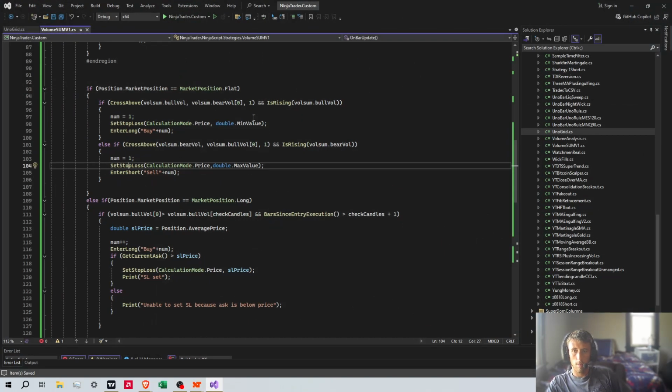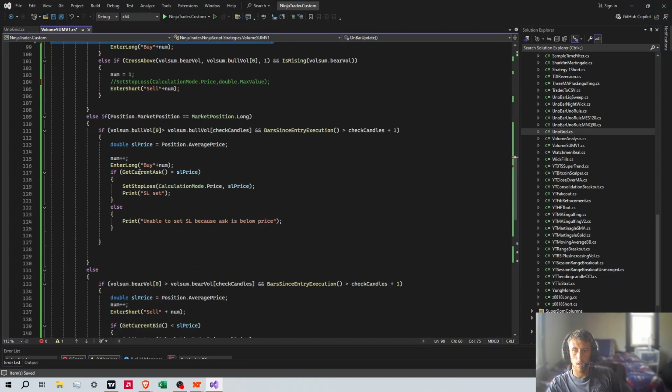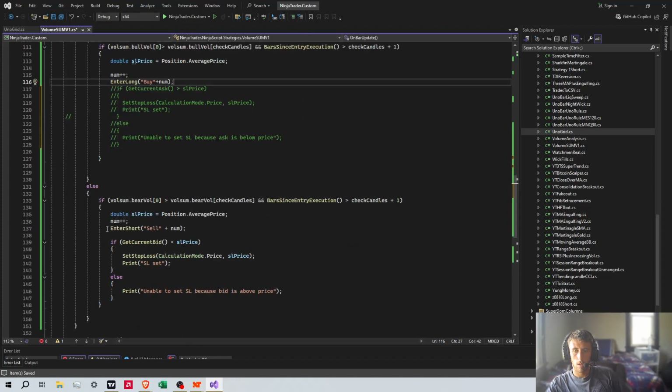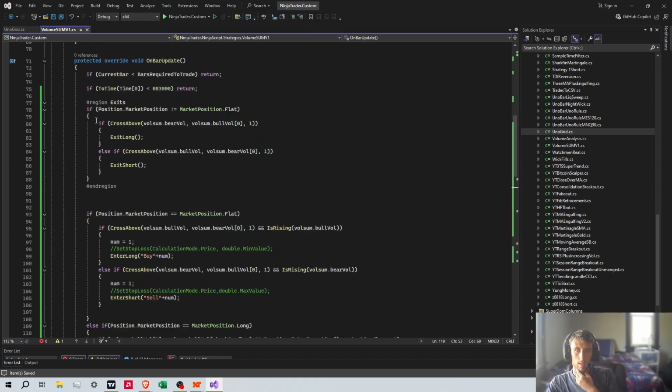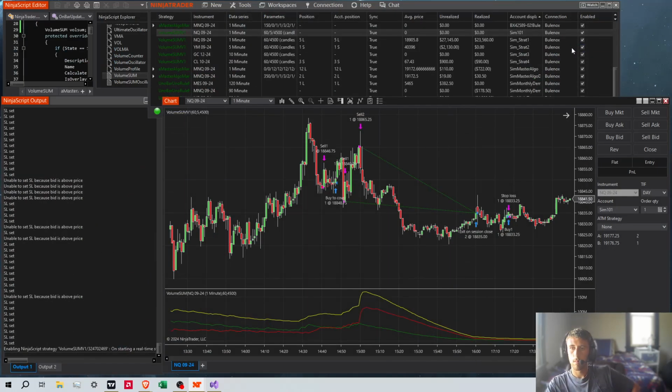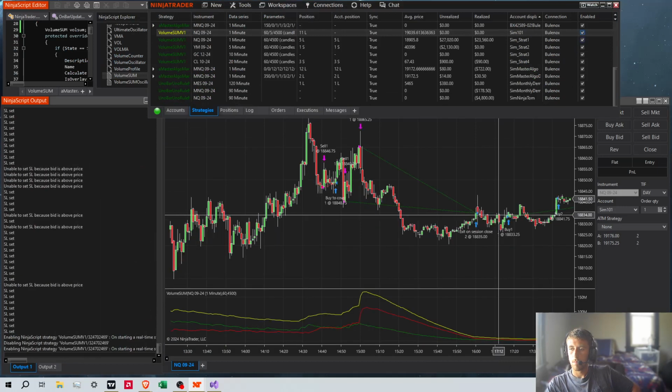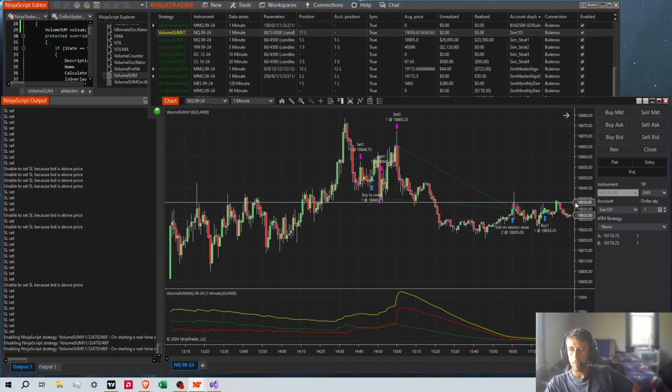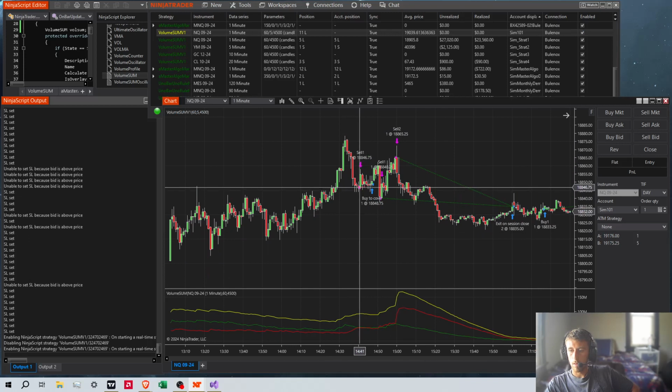Alright, let's comment out everything where we are setting a stop loss, and do it only based off of the lines flipping again. We only exit our positions when the lines flip. So here we sell, yeah, that's right.